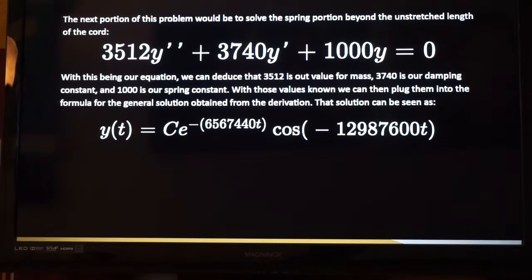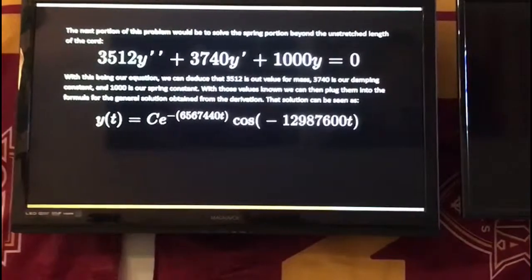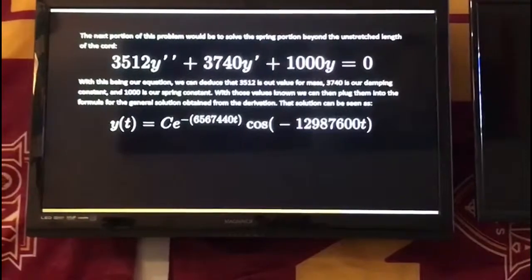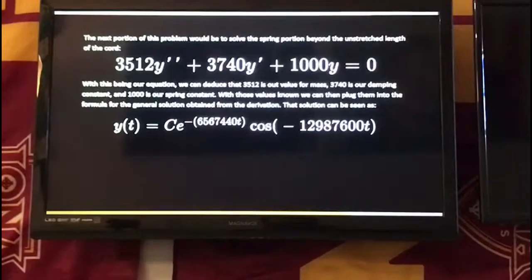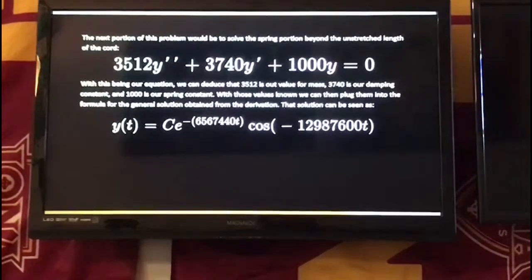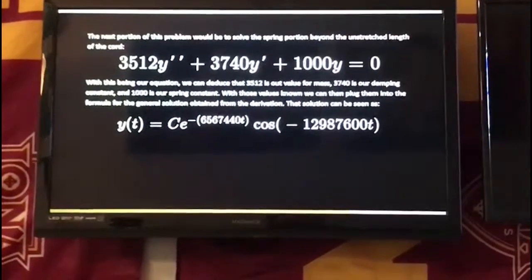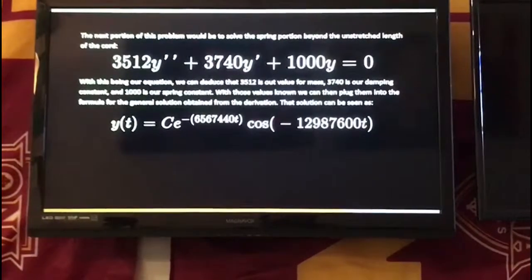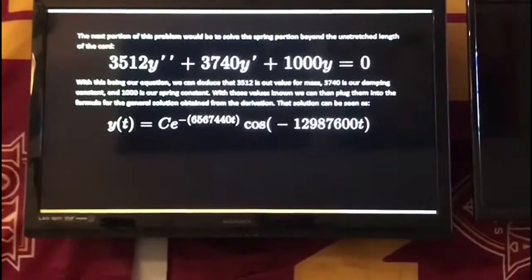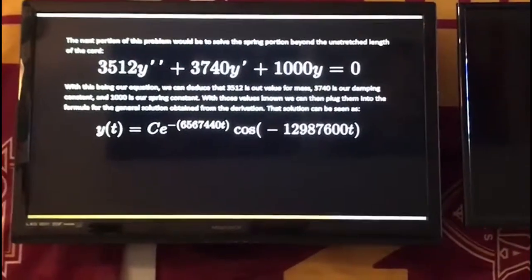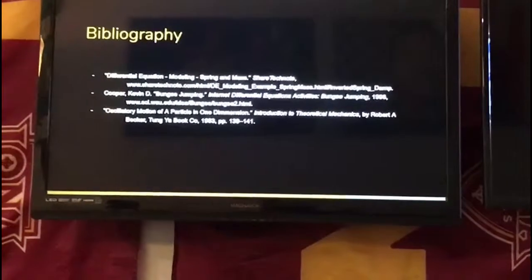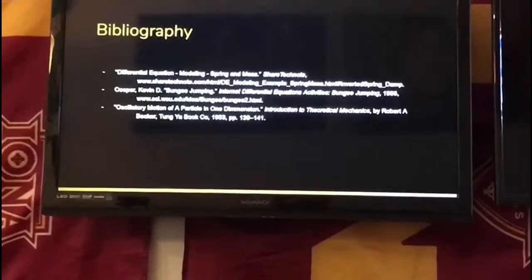And since we know all of these values now, and we know the derivation for the underdamped harmonic oscillator, we can just plug the numbers in, and our general solution can be seen here as C times e raised to the negative 6,567,440 t times cosine of negative 12,987,600 t.